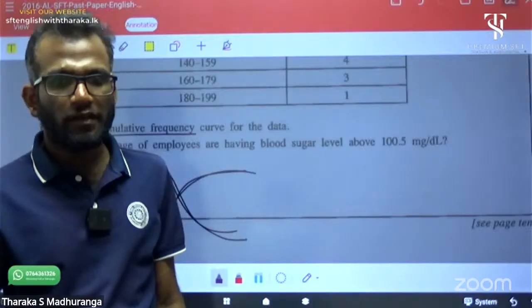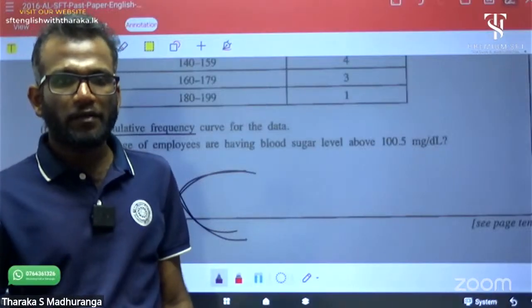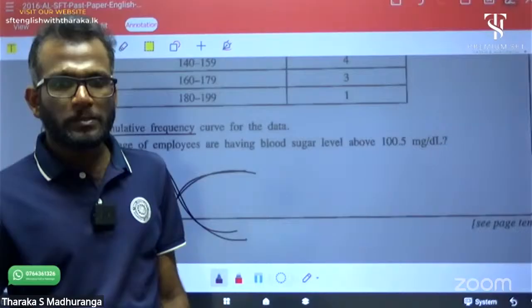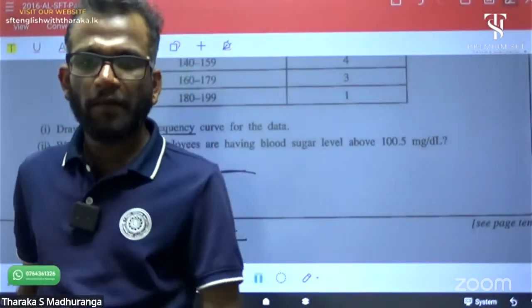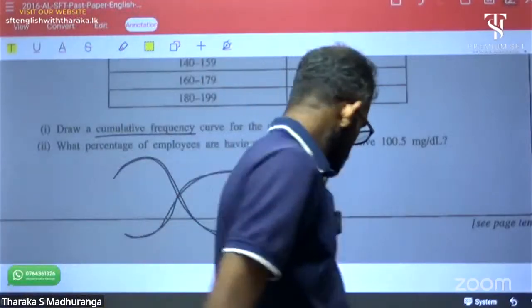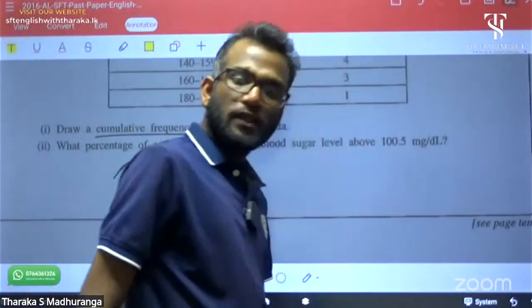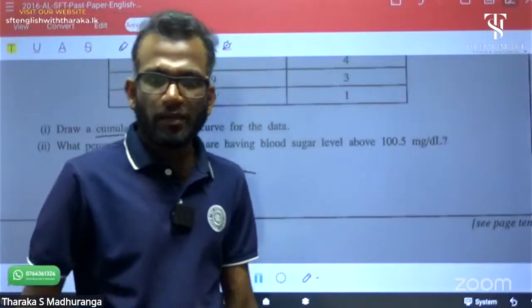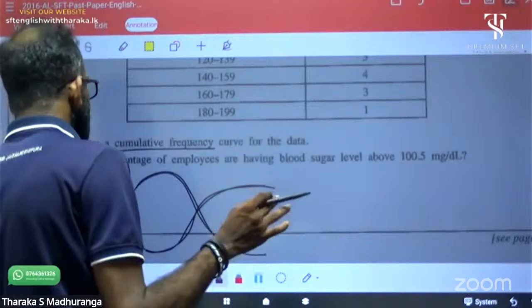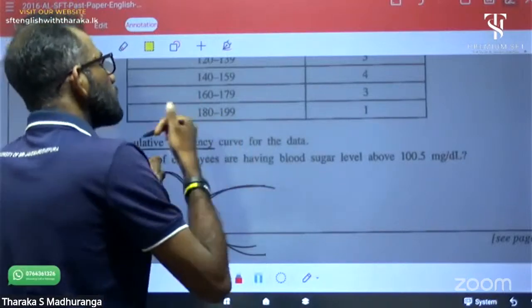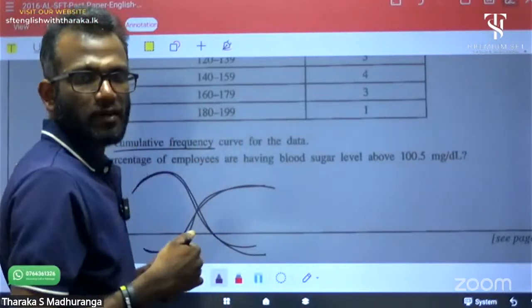Dihini? Fatima? Yeah. Less than only. Remember, if they do not mention anything, draw a cumulative frequency curve for the data.